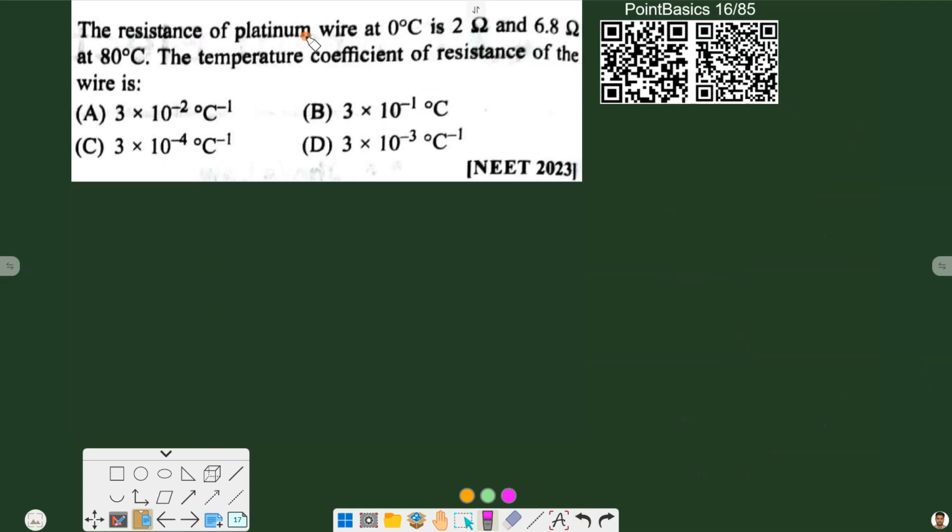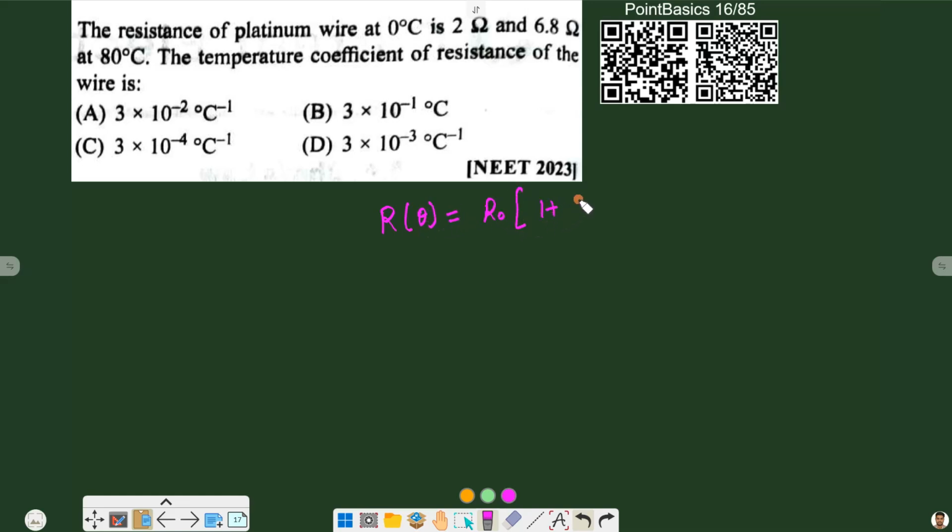Resistance of a platinum wire at 0 degree Celsius is 2 ohm and 6.8 ohm at 80 degree Celsius. The temperature coefficient of the resistance of the wire is? So we have to find the temperature coefficient, and we know the relation that R at any temperature theta is equal to R naught times 1 plus alpha, where alpha is the temperature coefficient of resistivity, into delta theta.